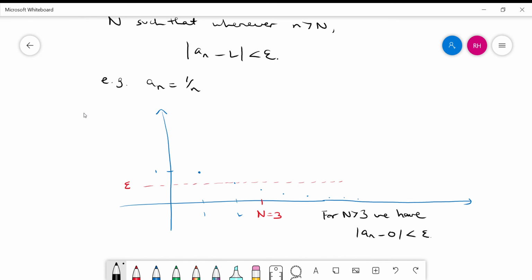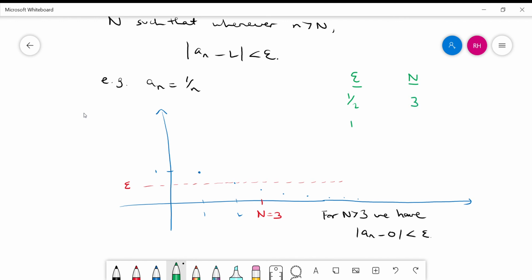And the challenge is that if someone gives you an epsilon, you have to be able to come up with an N, a big N. So if someone gave me an epsilon of a half, well, I could set N at 2 or 3. Probably 3 would work.